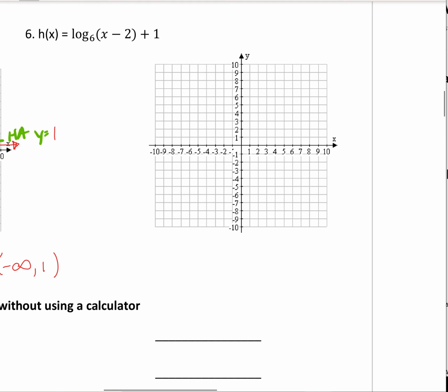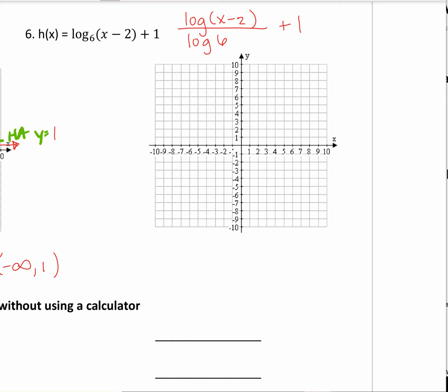All right. 6. So again, in order to plug this into my calculator, I have to do a change of base. So the top is going to be log x minus 2. The bottom will be my log 6, and at the end, it will be a +1.